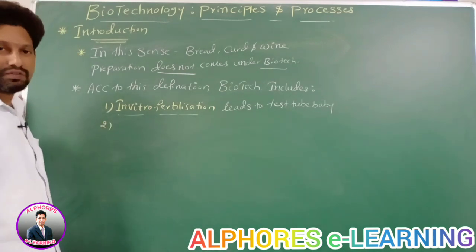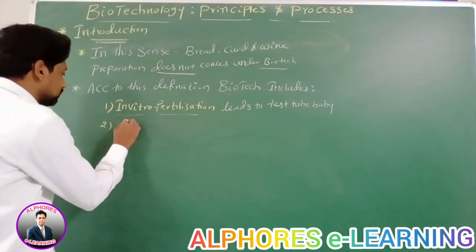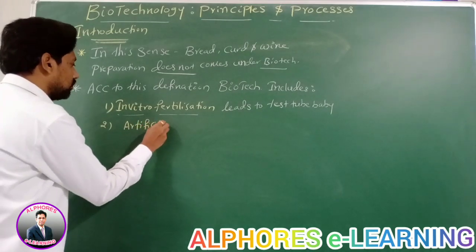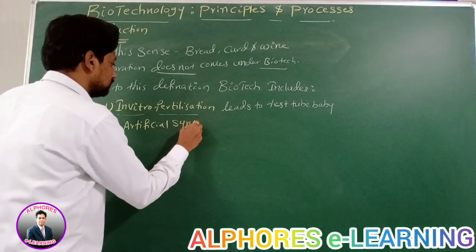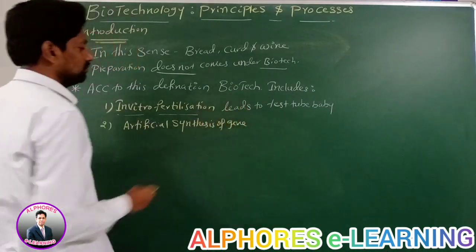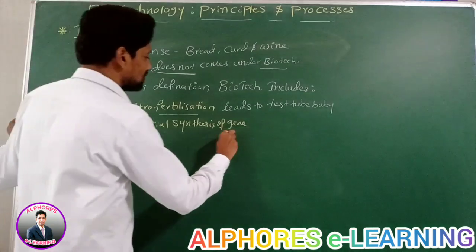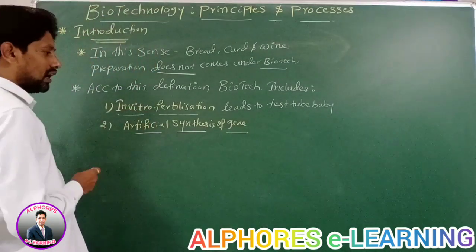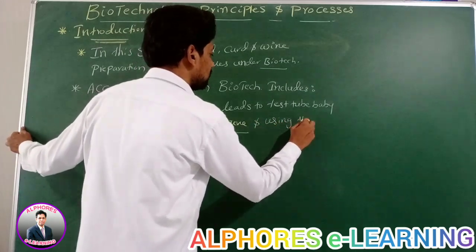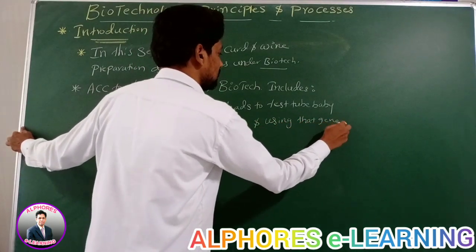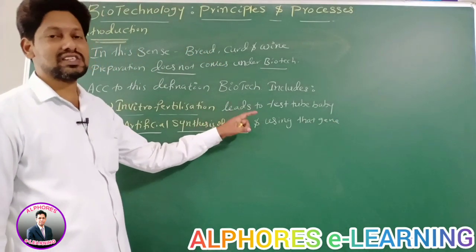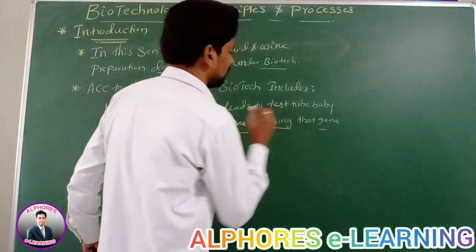Next one, number 2, artificial synthesis of a gene. It means to synthesize the gene artificially and using that artificially synthesized gene, that comes under biotechnology.